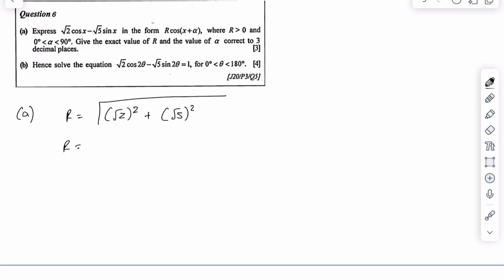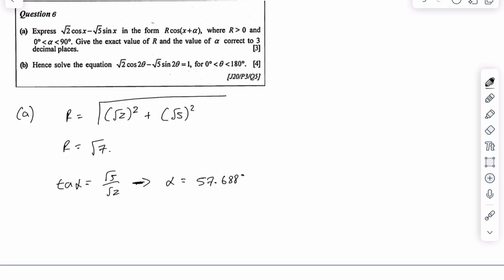Okay, which means that R is going to equal root 7. Meanwhile, tan alpha, opposite over adjacent, is root 5 over root 2, which means that alpha is going to equal 57.688 degrees.